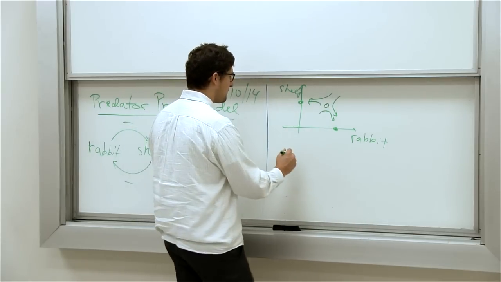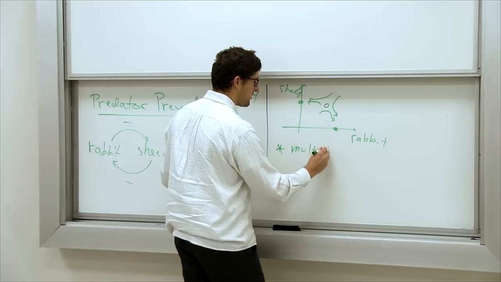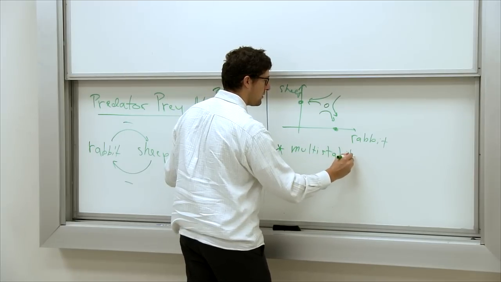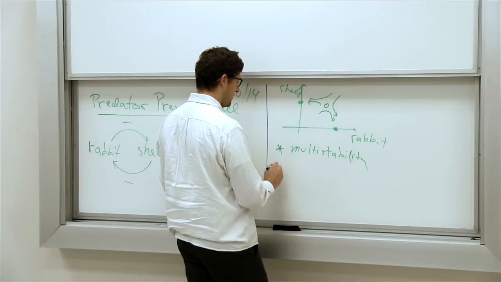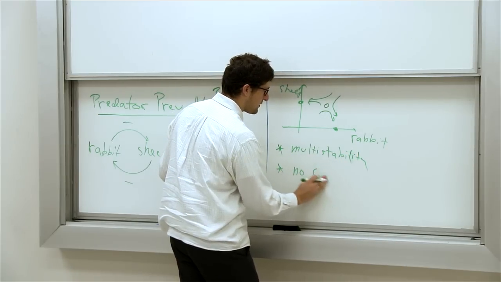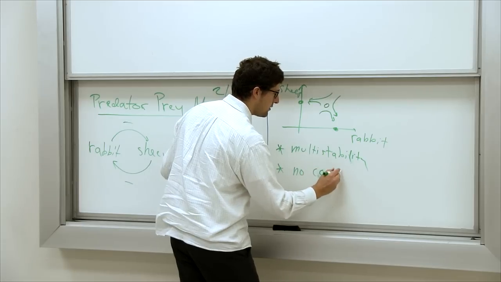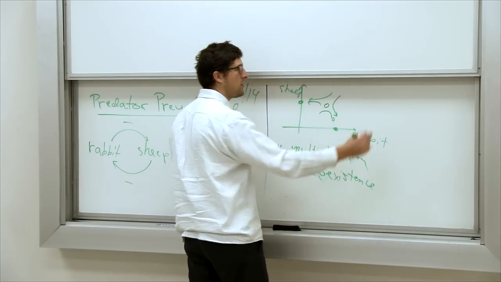Okay? So this has multi-stability, and there's no coexistence between the rabbits and the sheep.